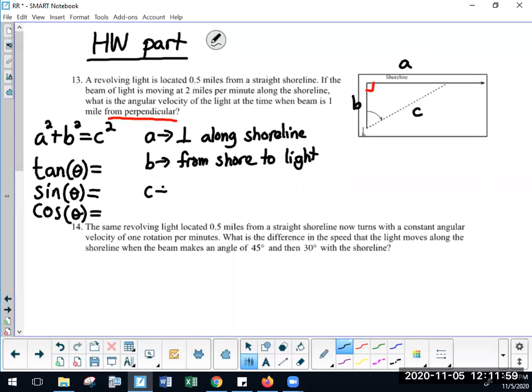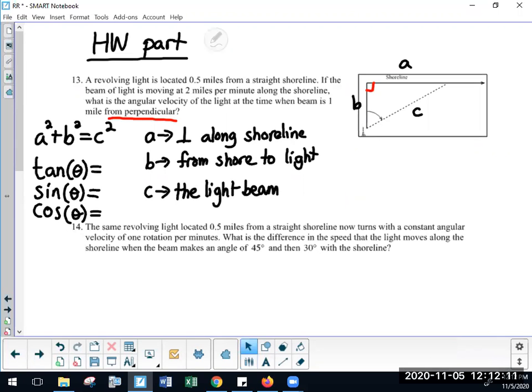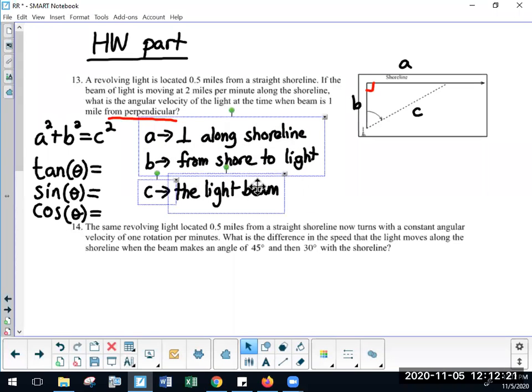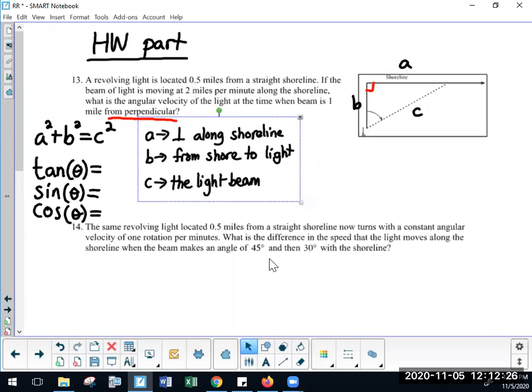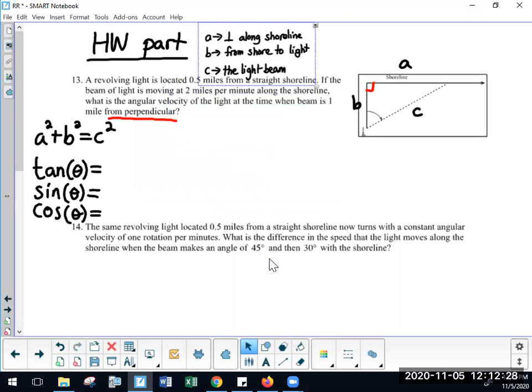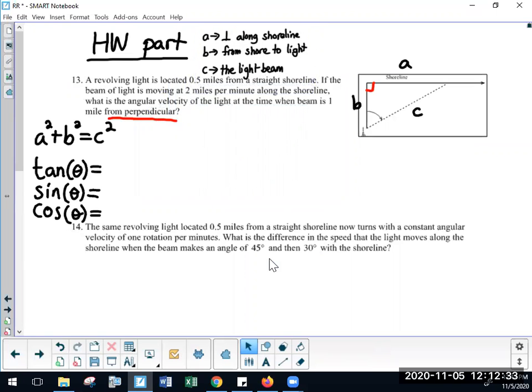And C, there's lots of ways you could describe it, but what makes sense to me is just call it the light beam's length. All right. So that's what A, B, and C are.